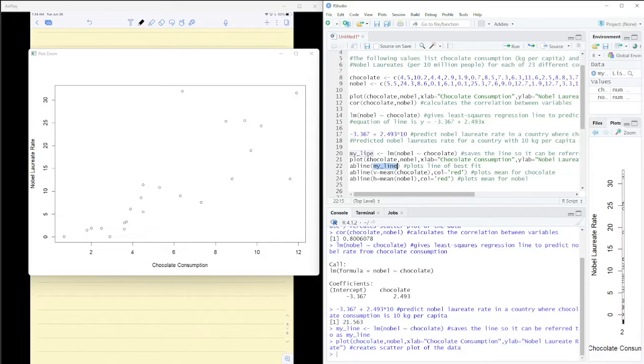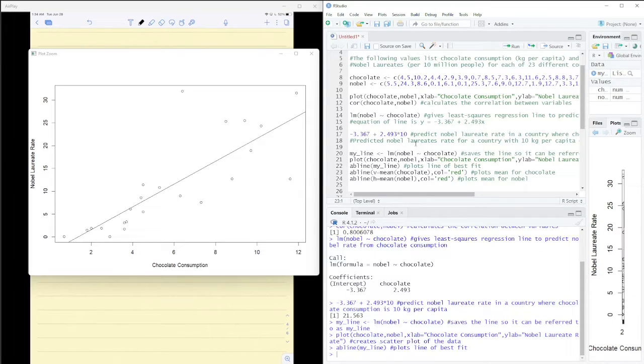So I want to overlay my line on this plot. If you type plot instead of abline, it'll make a new plot that is just the line without the points. But we want to see how the line fits against the points. So when I run that, we see the line is now plotted on the scatter plot. So we can see this is the line of best fit here, and we can see how it looks relative to the rest of the data.